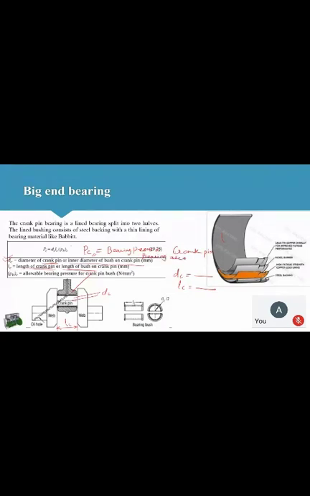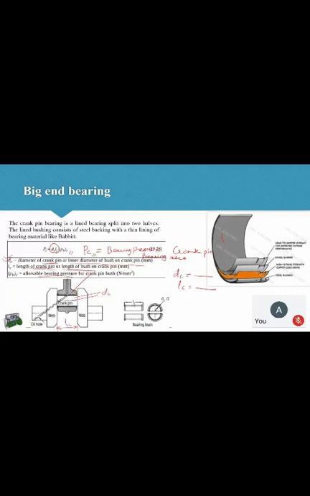This bearing area is nothing but the projected area, DC into LC, multiplied by PBC. PBC is nothing but the allowable bearing pressure. Mind you, this time the diameter of the crank pin is larger than the diameter of piston pin. Although same force is acting, but it is being borne by the larger area.